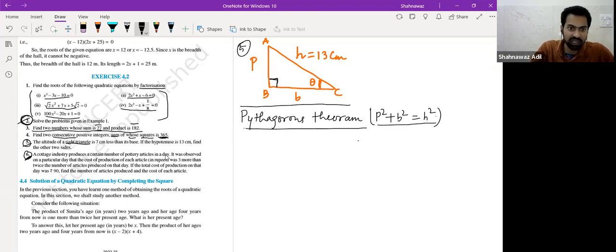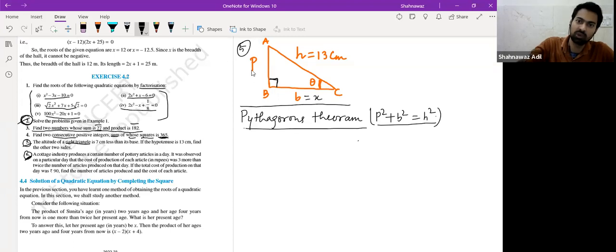We know this, and what is the other information? Yes, Talha. The altitude, which is the perpendicular, is 7 centimeter less than the base. So let's say that base is x.